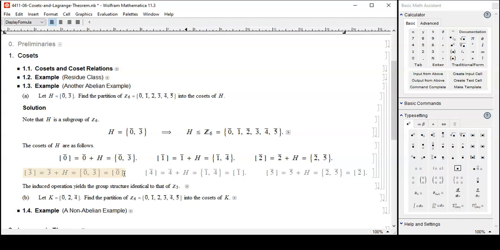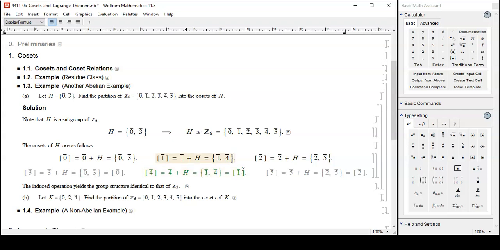And then how about 4 plus H? Well, 4 plus 0 is 4, 4 plus 3 is 7, and that's the same as 1 modulo 6.